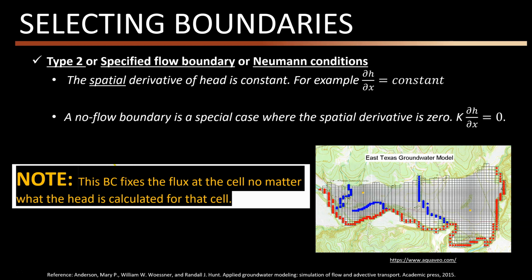Now, in this situation, I assign a specific known flux or gradient information for each cell. So I say that the gradient in this cell is a specific value. It means that the velocity of water at this cell is constant. Technically it is known, okay, not necessarily constant.